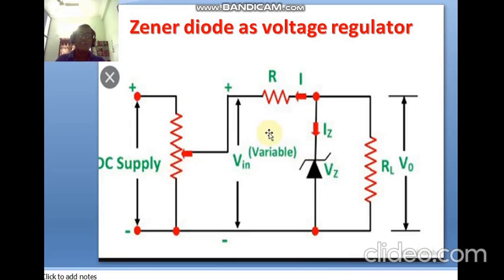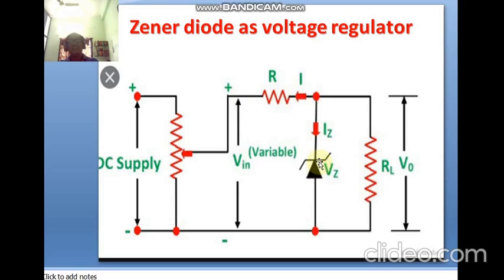Here the resistance is in series and it is a high resistance, simply known as Rs. The current passing through this Rs is Is. When the circuit is on, Vin is available and is supplied to the resistance. The current Is passes through the high resistance Rs and enters the Zener diode here.